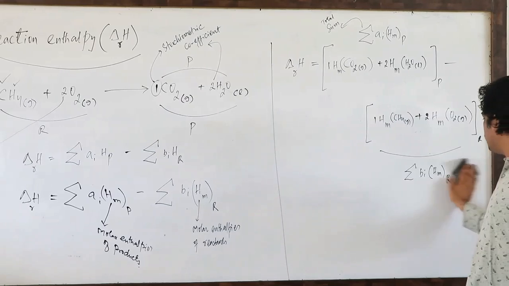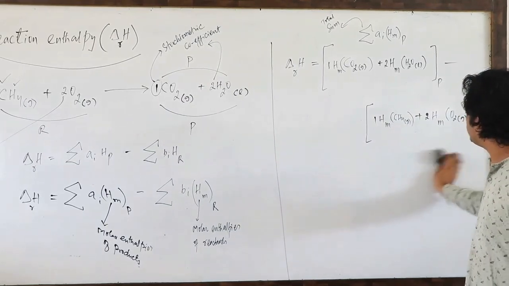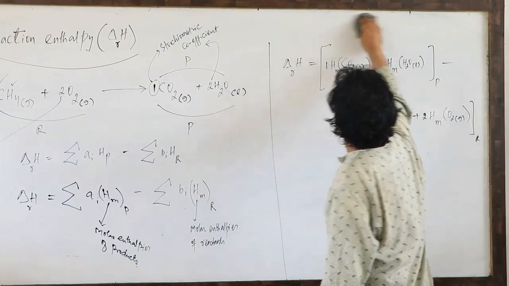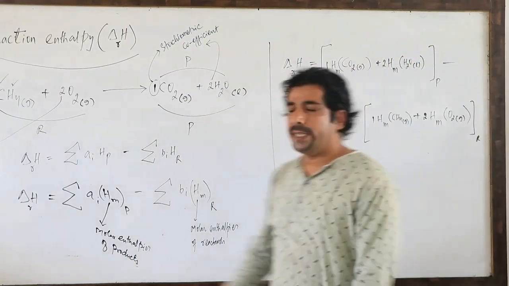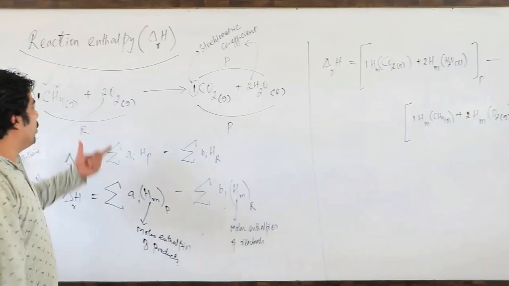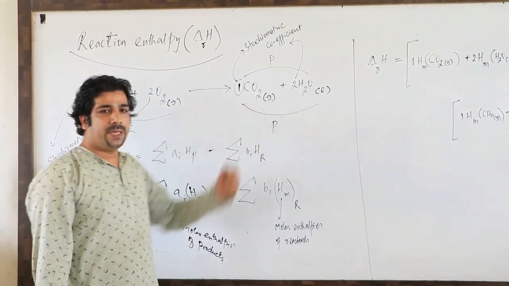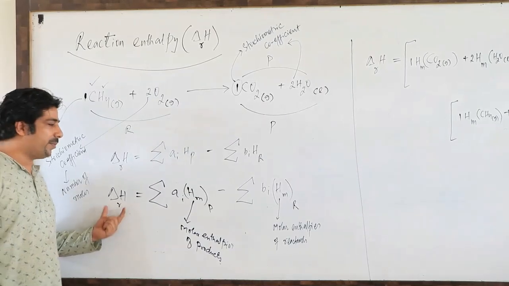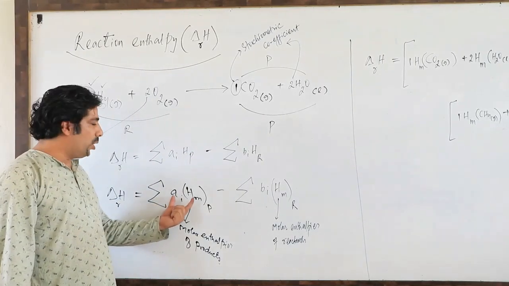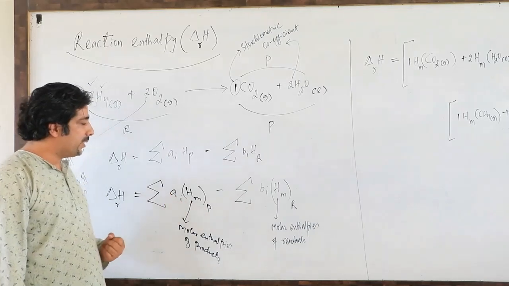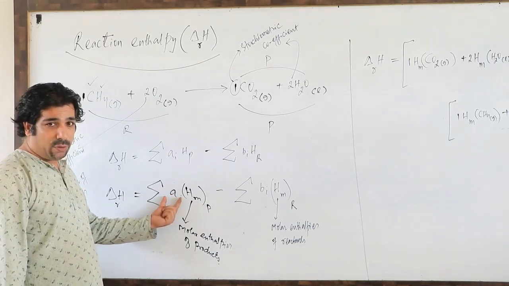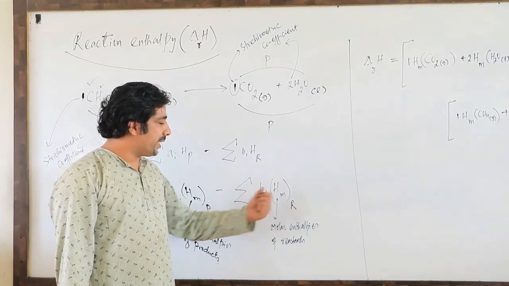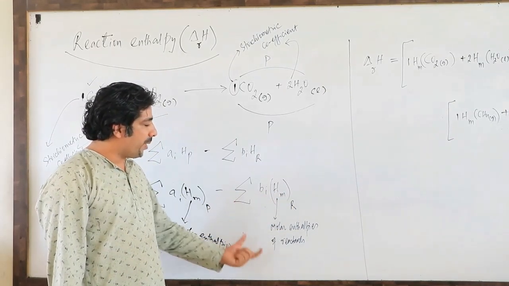Now my dear friends, I hope you have understood. Let me remove this expression, you have understood it. Let's revise it for just a minute. You have taken one chemical reaction and finally you have taken delta HR, the reaction enthalpy. That is the sum of the molar enthalpies of products multiplied by their stoichiometric coefficients, minus the sum of the molar enthalpies of reactants multiplied by their stoichiometric coefficients.